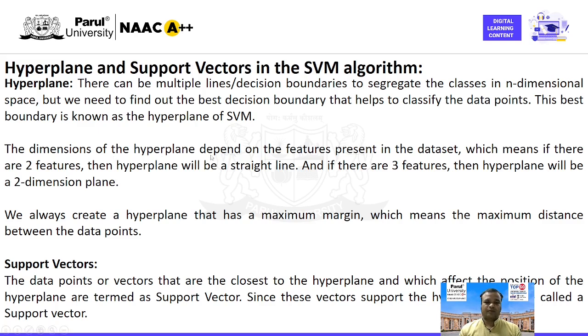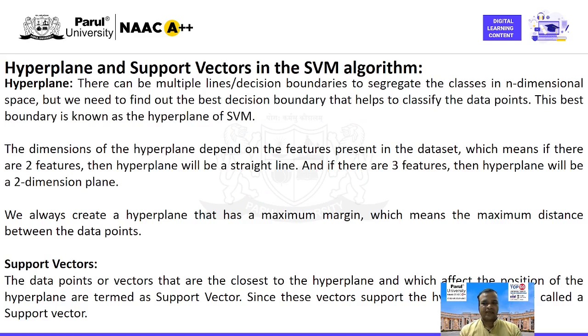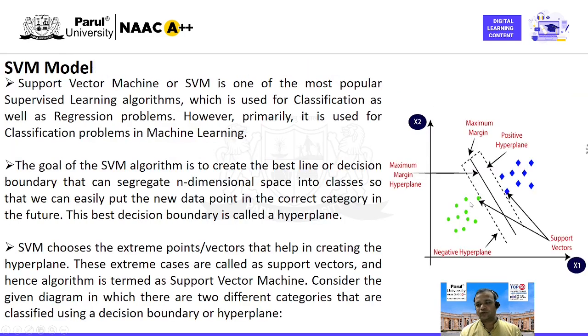The dimension of the hyperplane depends on the features present in the dataset, like x1 and x2 in this diagram, which means if there are two features, the hyperplane will be a straight line, and if there are three features, the hyperplane will be a two-dimensional plane. We always create a hyperplane that has a maximum margin, which means the maximum distance between data points, at least these support vector data points.